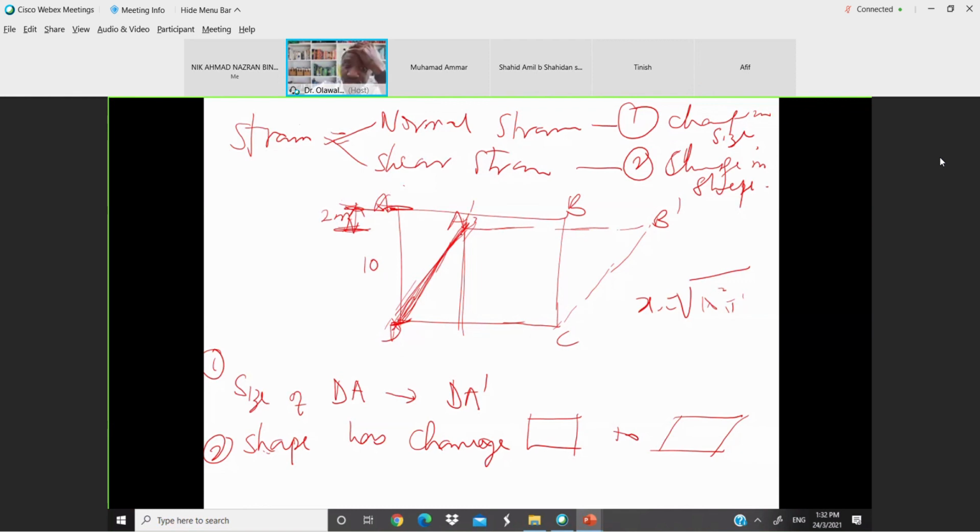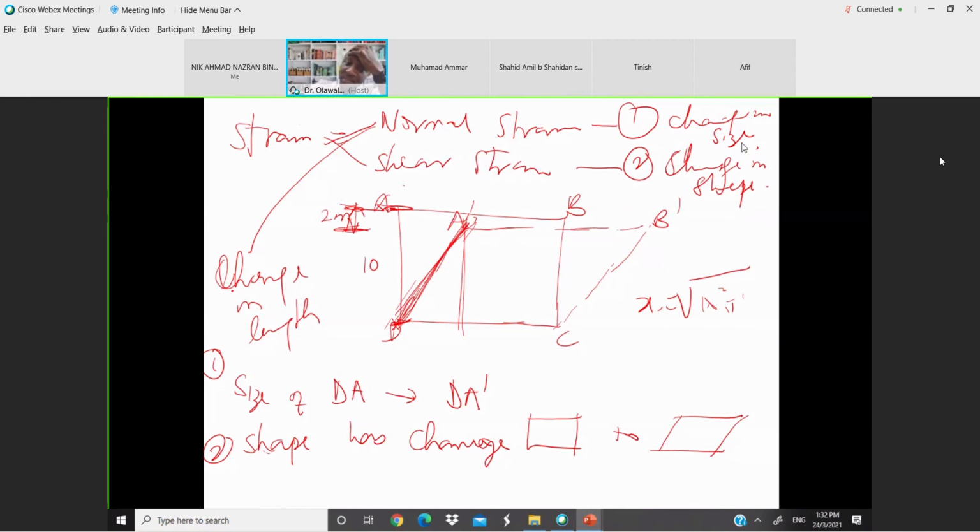That means your change in size is as a result of length, which means your normal strain is change in length, because that's what results in your change in size. Is that correct? Yeah, use Pythagoras. Thank you, Logan. So this is change in length.